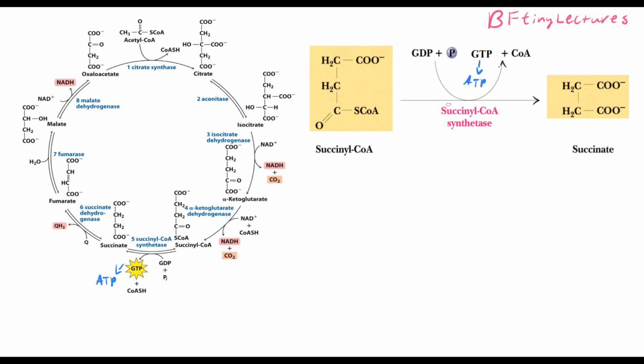Now, what is that called? Whenever you're producing energy when you're moving from molecule to molecule, that is called substrate level phosphorylation. All right, so this is the first substrate level phosphorylation.